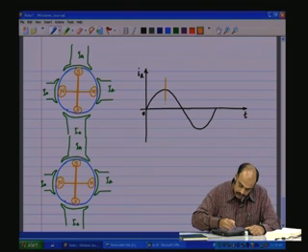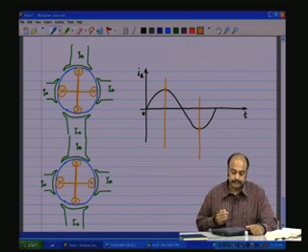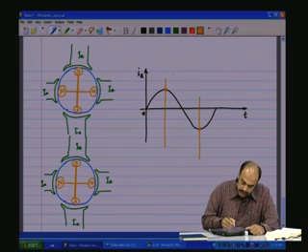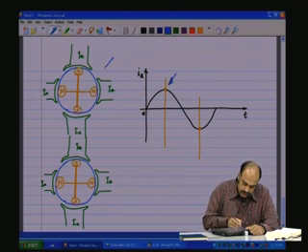That is, one point is the positive max and the other the negative max. So what is happening? Now let us say at this point, IA is positive max. Let us say this is the position, IA is positive max.